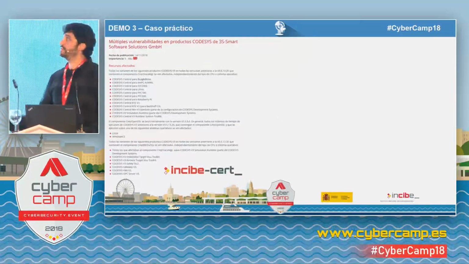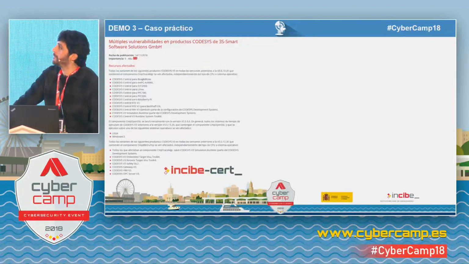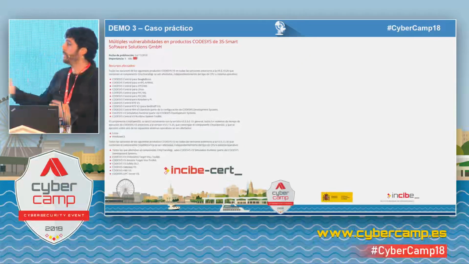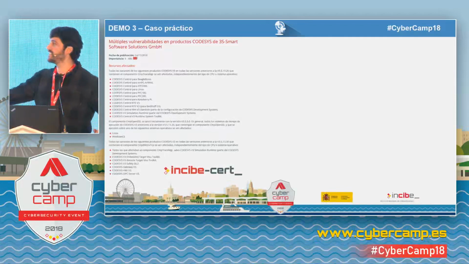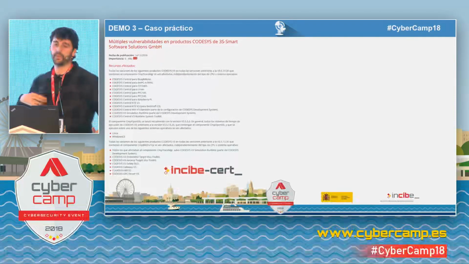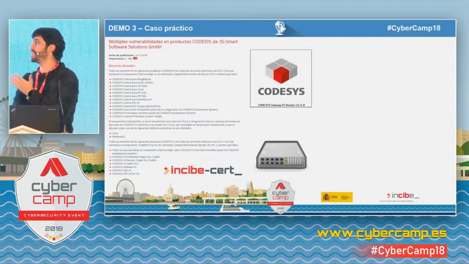I have time. This is a practical case. I just wanted to show you how in CyberCert, with that warning service, it creates a series of warnings related to industrial cybersecurity, and I would like to show you how you can implement it very quickly.